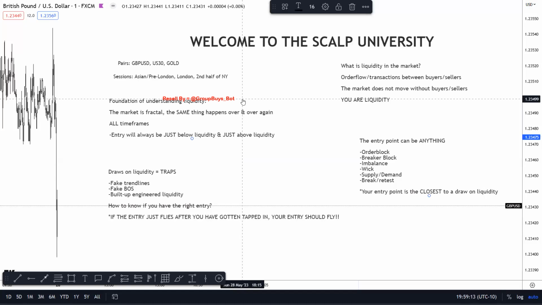The sessions that I do scalp or trade would be the Asian slash pre-London session. I'm usually able to find setups nowadays before London even opens, so I start looking for setups probably an hour, maybe 2 hours before London Open.